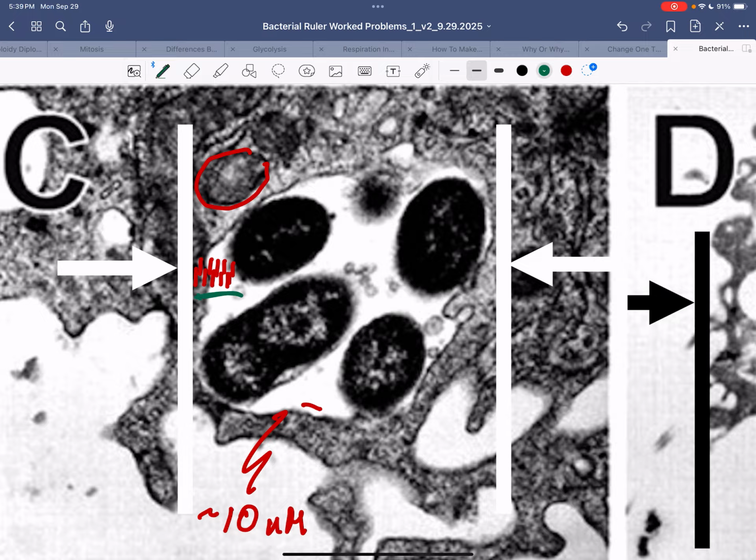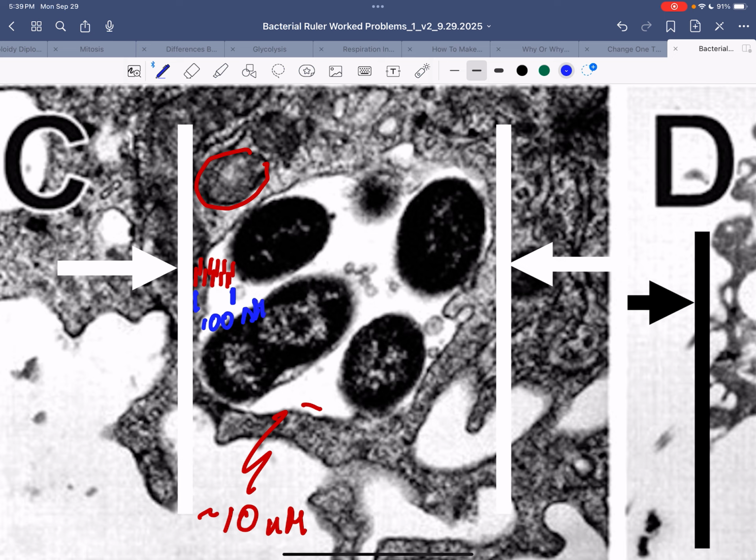So this length might be about 10. I think I've got my lines a little thicker than the membrane actually is, but it's going to be close enough. So 10 times 10 nanometers is going to give us about 100 nanometers. So that distance is 100.